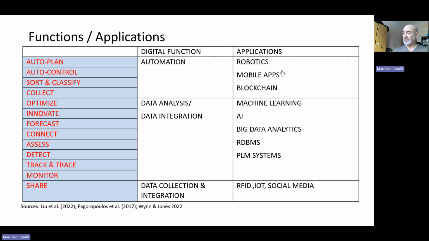The important thing that you should absorb is that there is a range of digital technologies that can be used to perform the functions that you can see on the left.